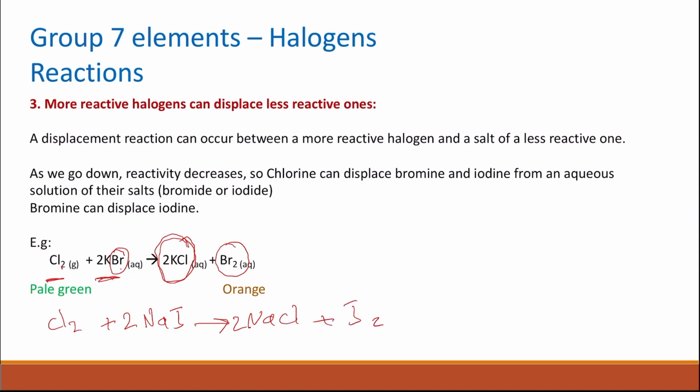But iodine cannot displace chlorine from its salts or bromine from its salts, because iodine is less reactive than chlorine and bromine. So you just need to look at the periodic table and decide which halogen is more reactive and which one is less reactive. We know the reactivity tends to decrease down the group, and then you can decide which one can displace the other in its salt.